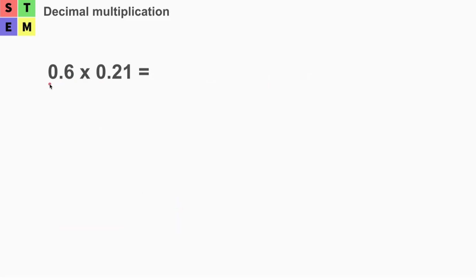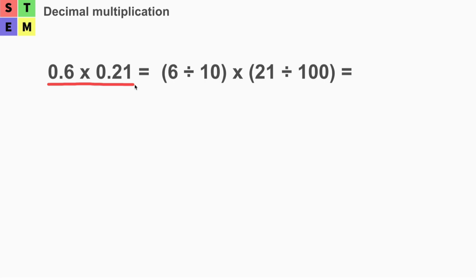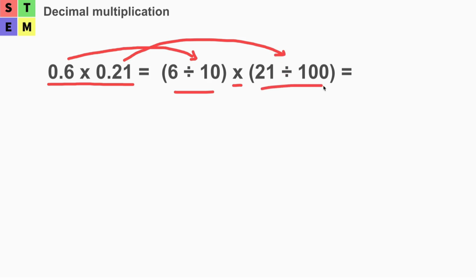And let's take a look at another example. So we have 0.6 times 0.21. So how can we do that? Quite similar. First, we're going to turn 0.6 into 6 divided by 10, and times 0.21 turns into 21 divided by 100.